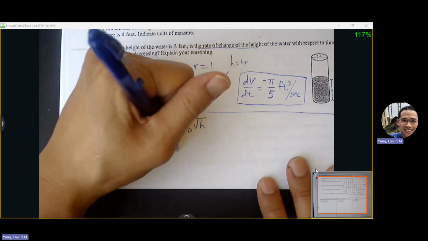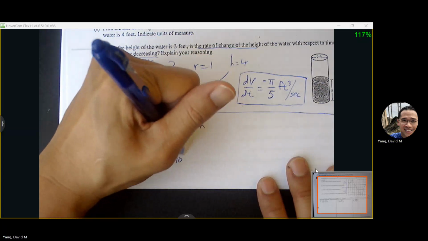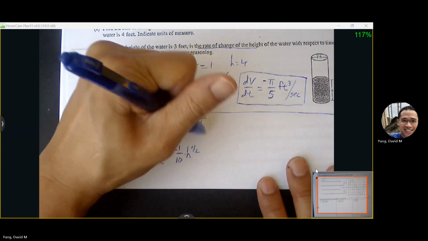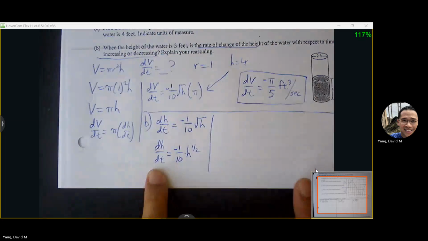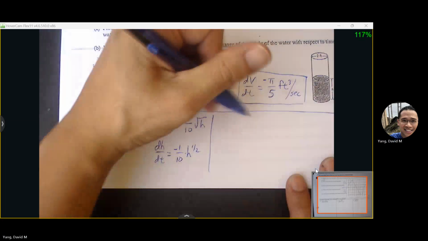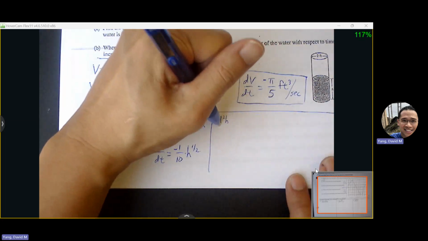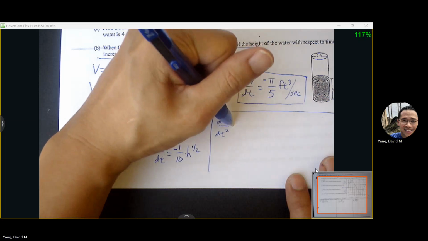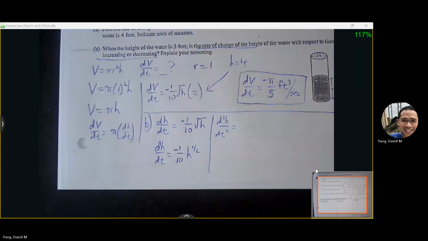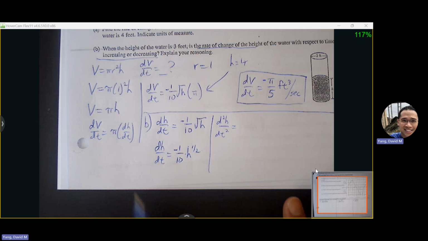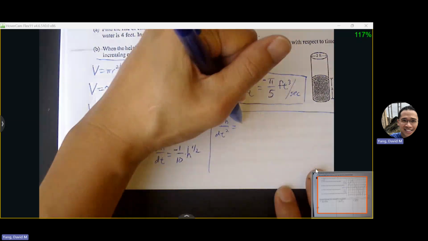I do want to do power rule on the right side. So the derivative, d2h over dt2. We do power rule here.